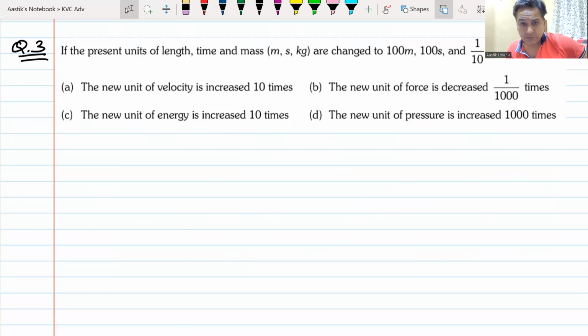Remember, this question has been taken from a JEE paper and it can be a multiple option correct type. That means you can have more than one option correct. Do we understand this? So you'll have to check probably all the options.